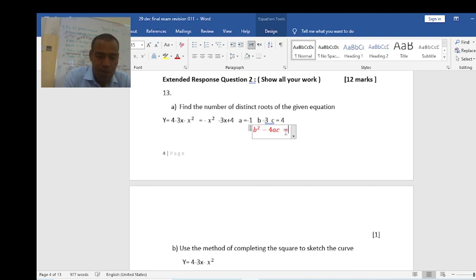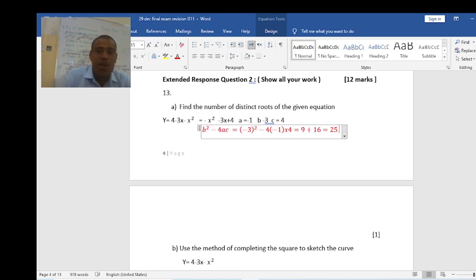So this one equals b squared, in parentheses negative 3 squared, minus 4 multiplied by a, and a is negative 1, multiplied by 4. Then this one, my learners, equals 9 minus 4 multiplied by minus 1 is 4, multiplied by 4 is 16, equal 25.